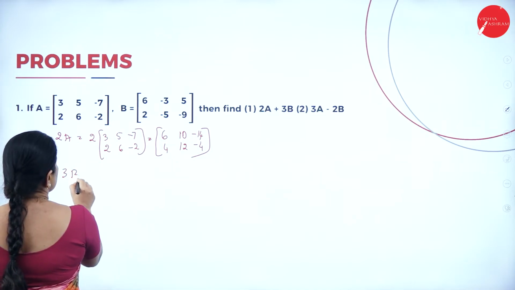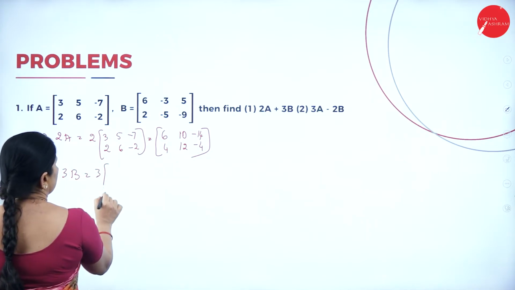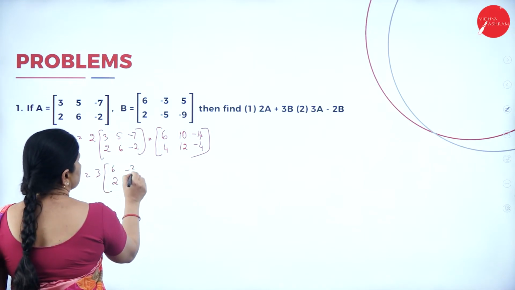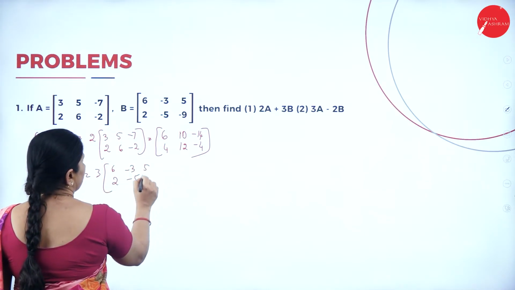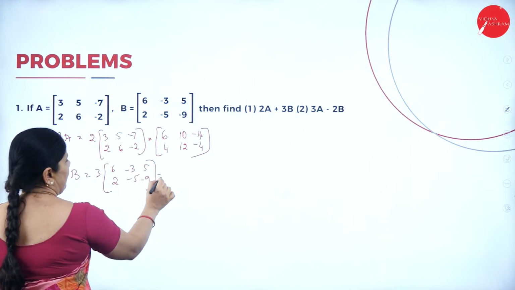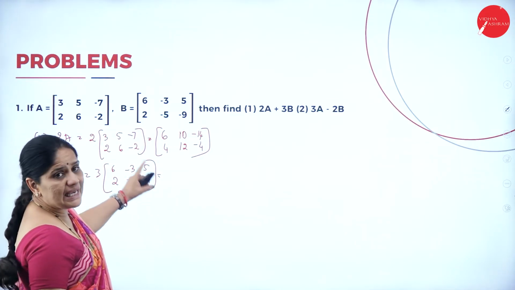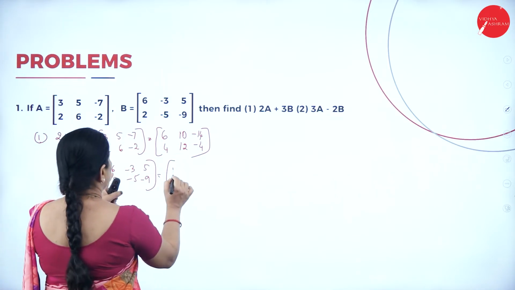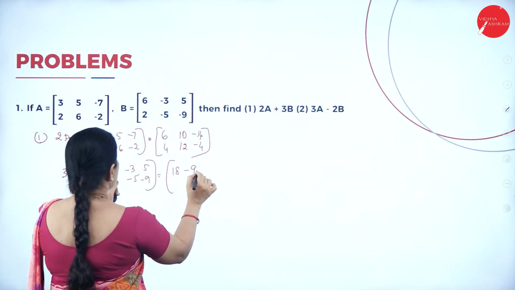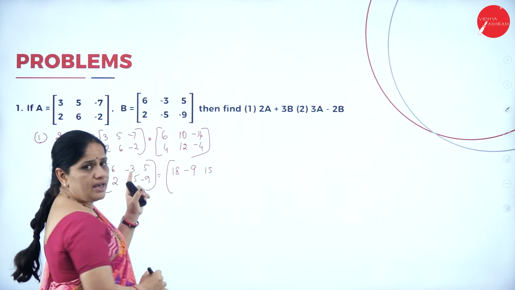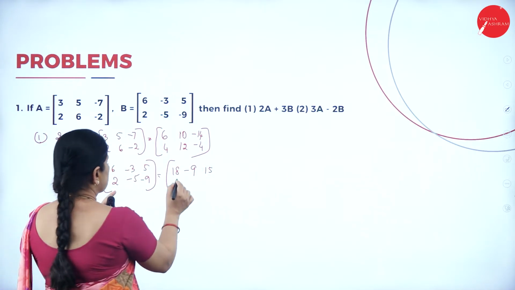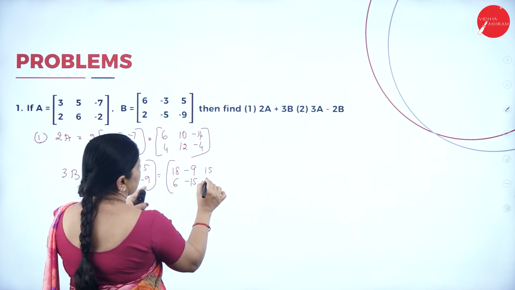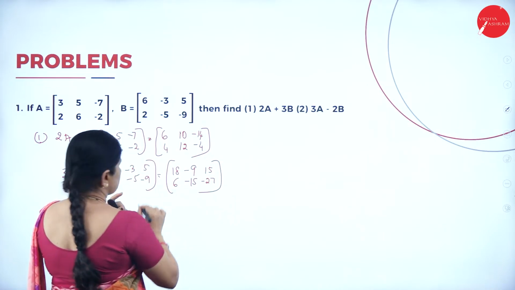Now, I have to find 3B. 3B equals 3 into 6, minus 3, 5, 2, minus 5, 9. Now, I multiply each element by 3. 3 6s are 18, 3 3s are 9, 3 5s are 15, 3 2s are 6, 3 5s are 15, 3 9s are 27.